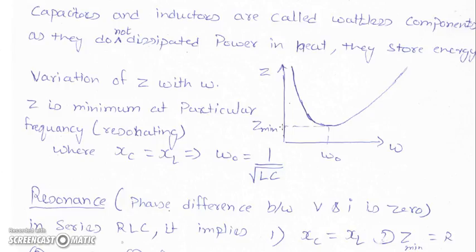To minimize Z, if XL and XC are equal, then Z will be minimum, because omega has no control on R. So they completely cancel each other and Z will be equal to R. If we equate them, 1 by omega C is equal to omega L, we get omega naught as 1 by root LC. This is also known as the resonating frequency.